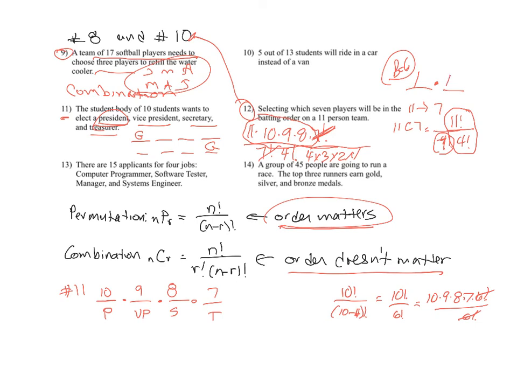Then we'd have 10 players left for the second spot, 9, 8, 7, 6, 5, and 4. So instead of having 11 choices for the first spot, we only have 1 because Bob's got to play, and then we would figure out how many are left to fill the other spots. So hopefully this will help with problems 8 and 10.